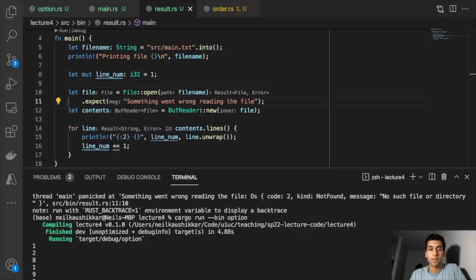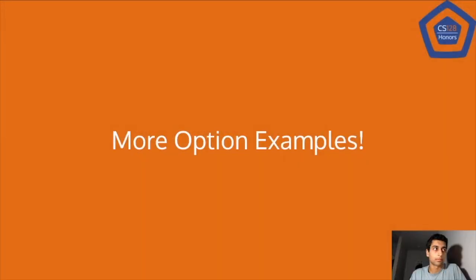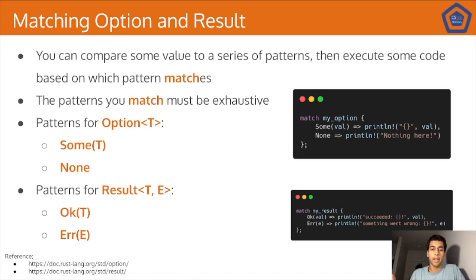Okay, let's move on. So there is a different way to handle these option and result types. You can use the match operator that you learned about in the last lecture. So just going to reiterate this. You can use match to compare some value to a series of patterns, and then execute some code depending on which of those patterns you match.